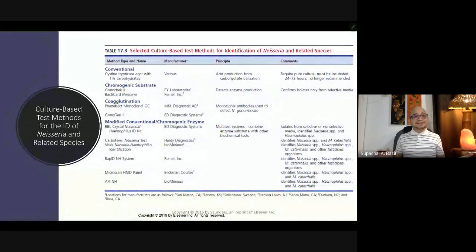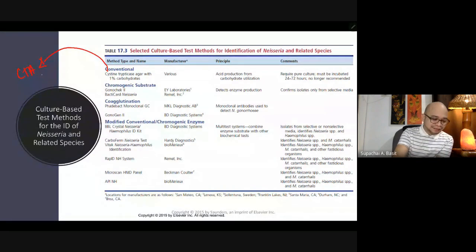So what are these further tests? Again, a very important table. The conventional type is using the CTA agar. CTA is cysteine trypticase agar, and its purpose is carbohydrate fermentation.